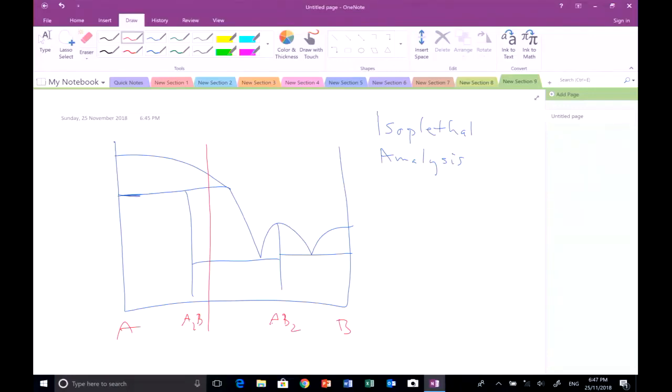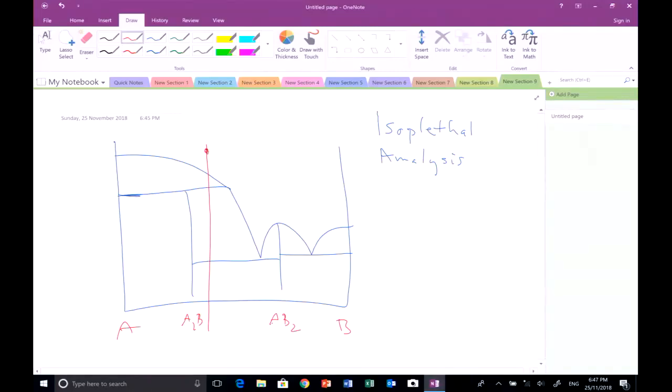Do an isoplethal analysis. So what I want to do is take this up to liquid state, cool it down, and tell what happens upon the cooling process. Okay, so let's do that.